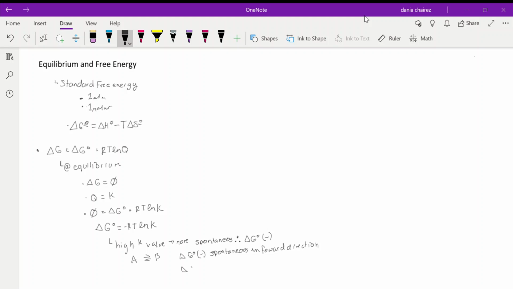And now, if your delta G naught is positive, that means that it'll be spontaneous in the reverse reaction.